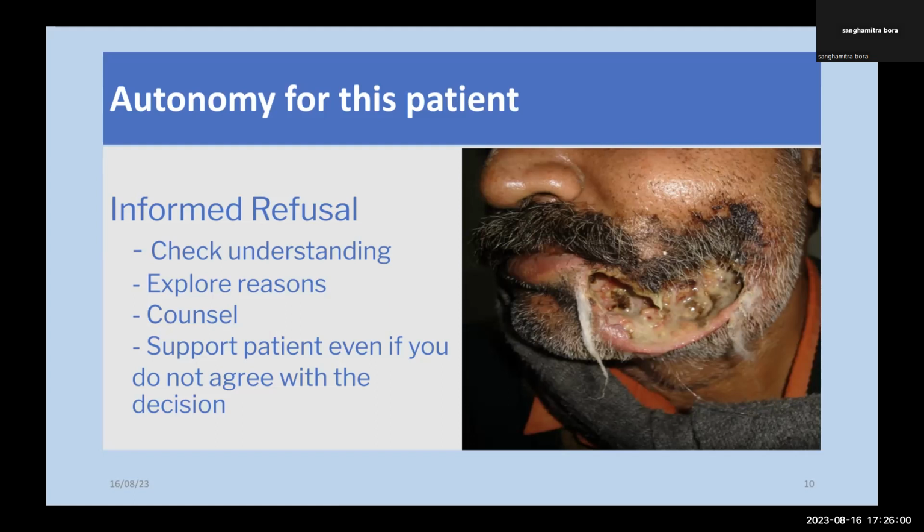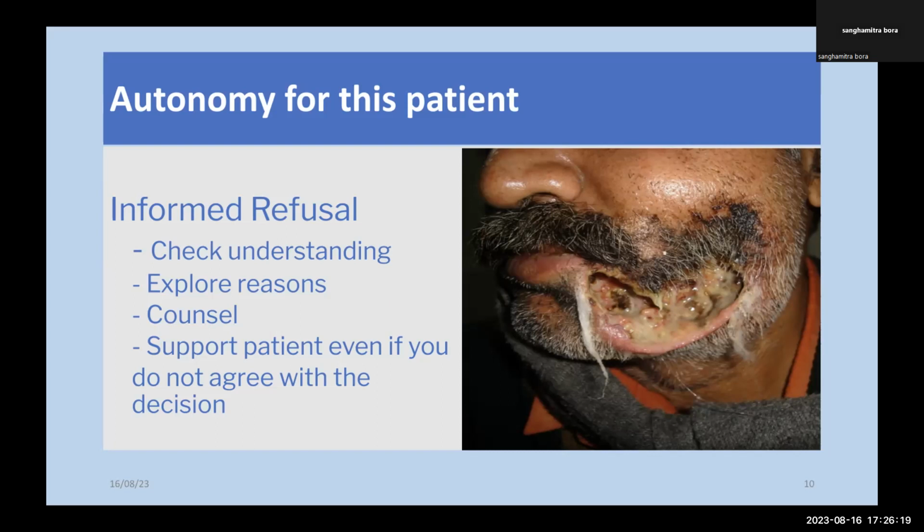If he says, I don't have anybody to feed me through the Ryle's tube, I can't do it myself, you might have to find out a proper place for him to stay inside the hospital, within his financial limits.